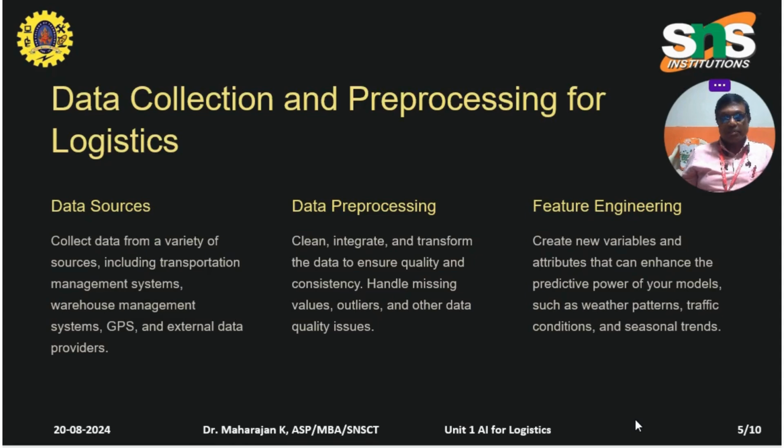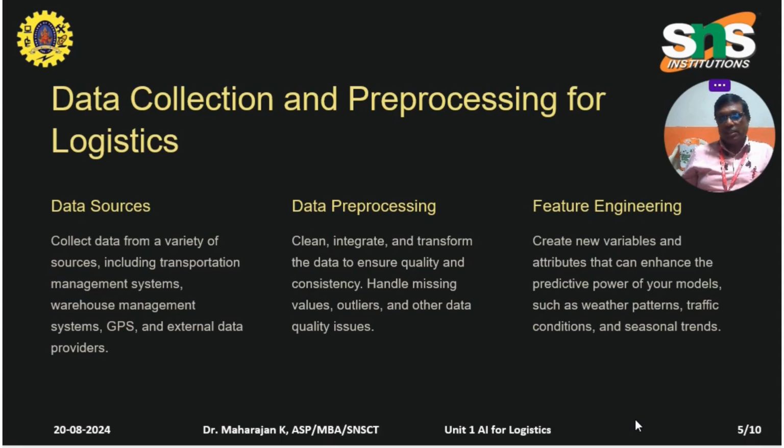We sometimes make a relational database and transform data for quality and consistency. We have to fill up missing values and handle outliers. Outliers are values outside the normal range. Sometimes outliers give us intelligent information. We should not just delete the outliers; we have to analyze them also.